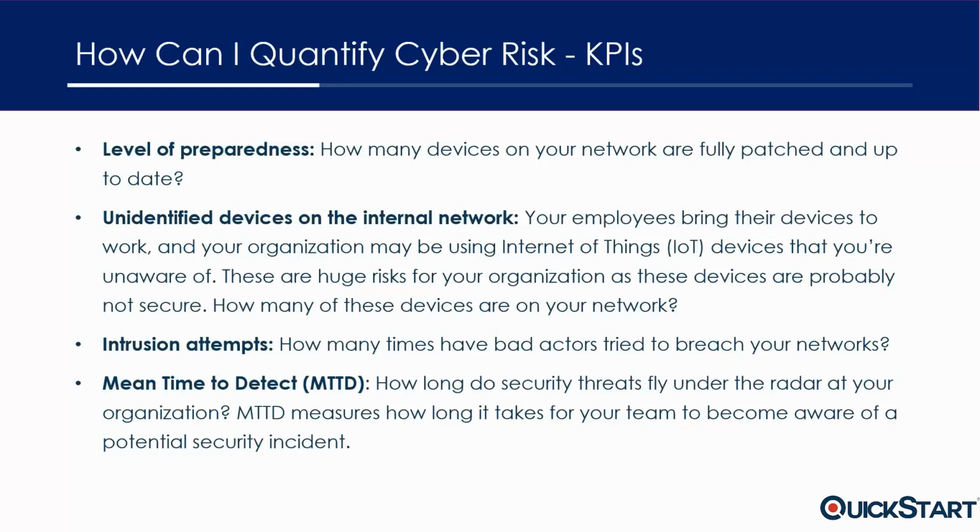Intrusion attempts. I touched on that a little earlier with how many reported incidents we have. So with intrusion attempts, how many attacks did our firewall identify versus how many attacks did our firewall neutralize? And that is a number that is not always going to be 100%, right?